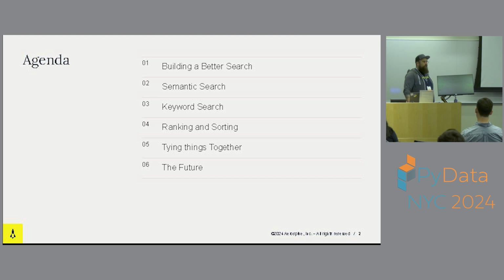So tying all of that together into a single cohesive set of results that you get back out on aerospike.com. And then tying things together, look at the front end piece of it and how we're deploying some of the back end parts of that Python server. And then a little bit about the future of what hopefully Aerospike Search will have and look forward to.